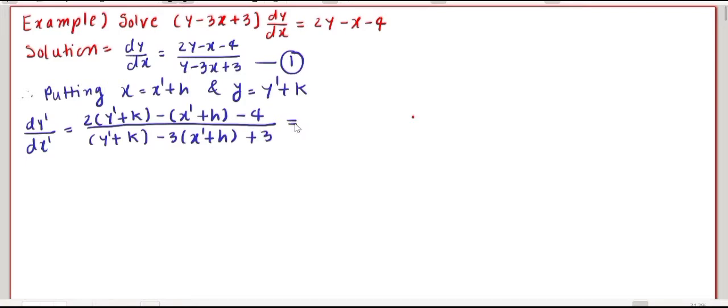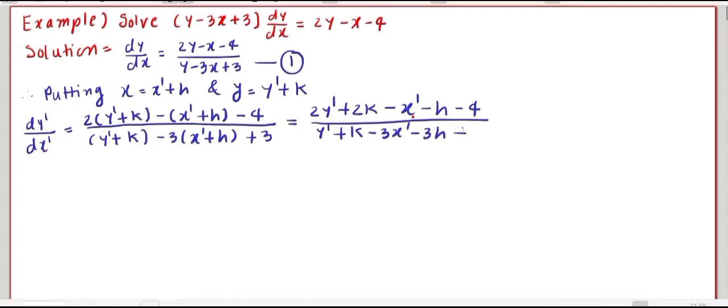So now we multiply 2 into the bracket, also minus 1 to this bracket, and on the denominator also. We get 2y dash plus 2k minus x dash minus h minus 4 divided by y dash plus k minus 3x dash minus 3h plus 3. Now this is equation number 2.